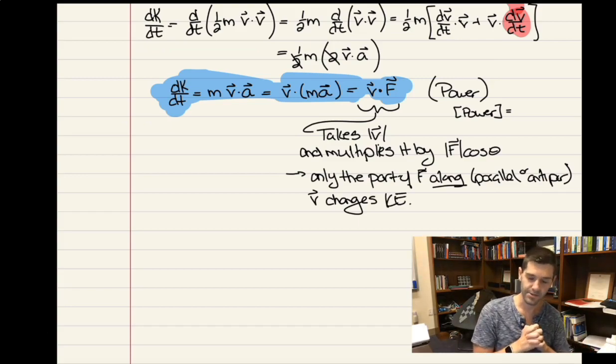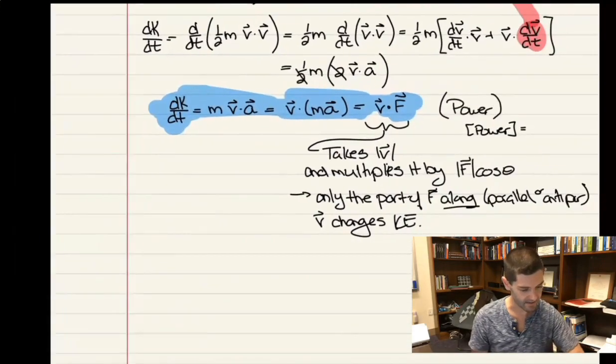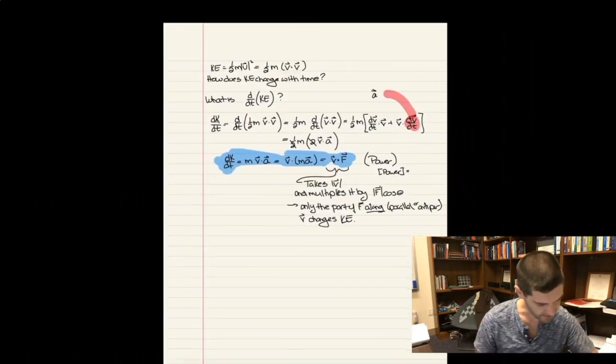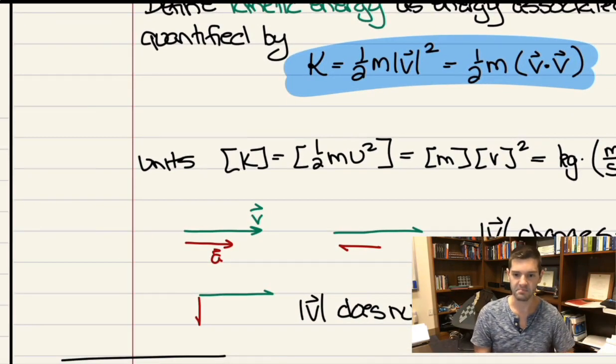Do I want kinetic energy to change? I need to apply forces. Any force in any direction? No. The force actually has to be pointing in the direction of motion or directed anti-parallel to the direction of motion. Just like what we said here, when we said that things speed up or slow down only when the acceleration is parallel or anti-parallel to the velocity. That is the only way that the magnitude of v changes.